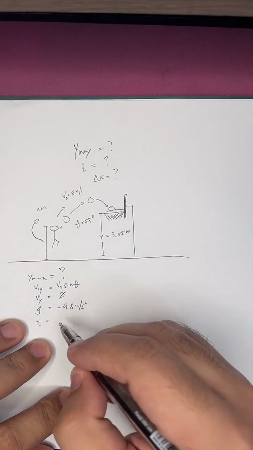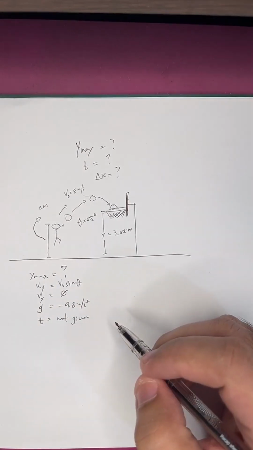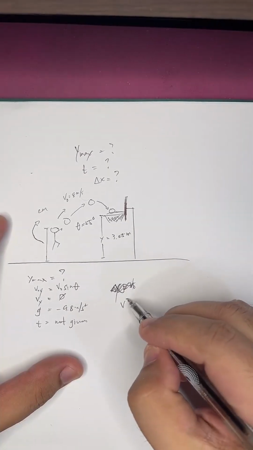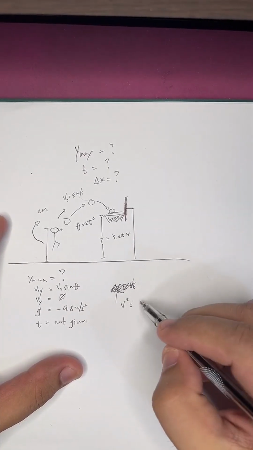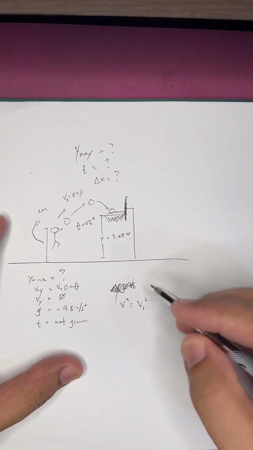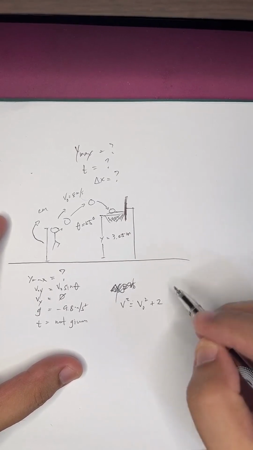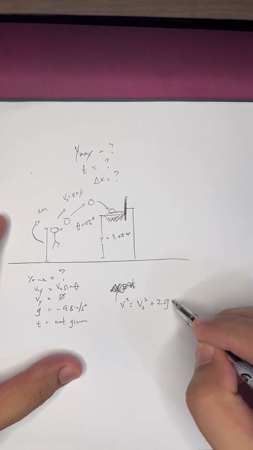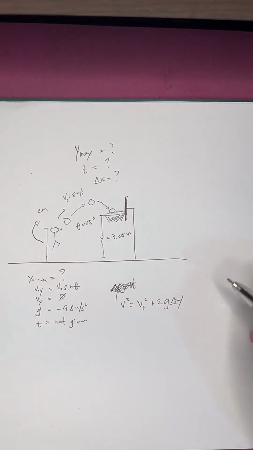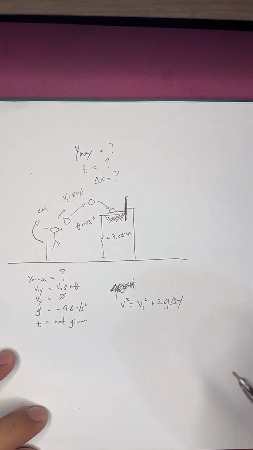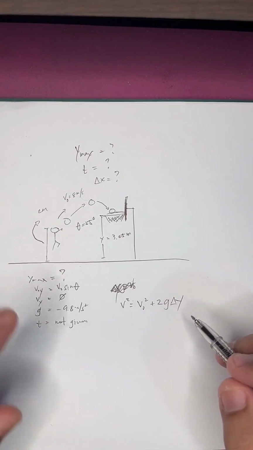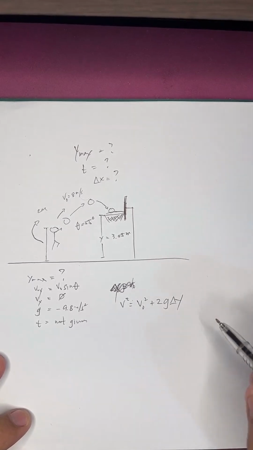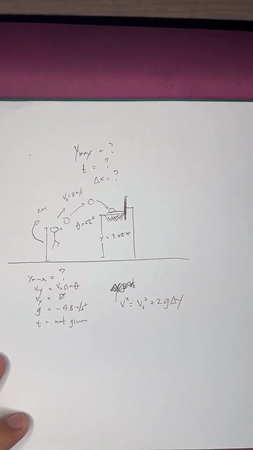Time is not given. We would be needing this equation: v squared is equal to v naught squared plus 2g delta y. Now delta y in context here, we would be using y max instead. So we will substitute y max for delta y, but still, the process would be the same.